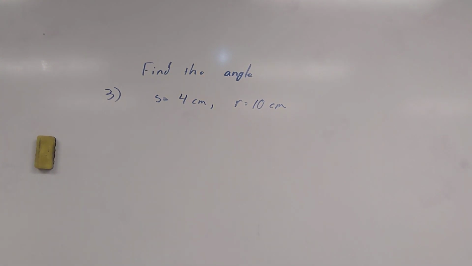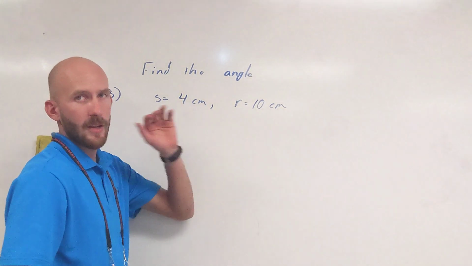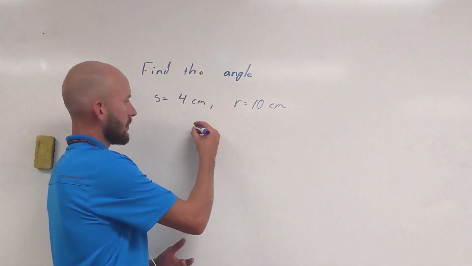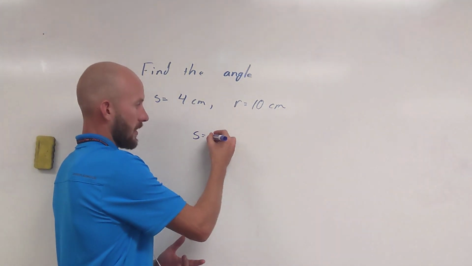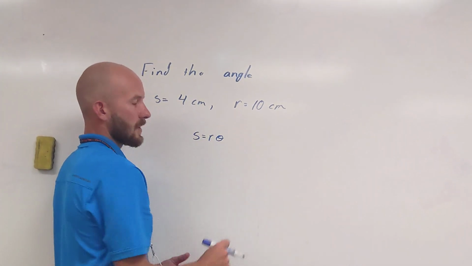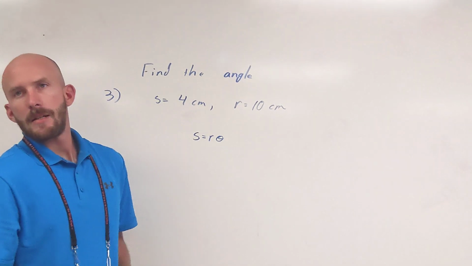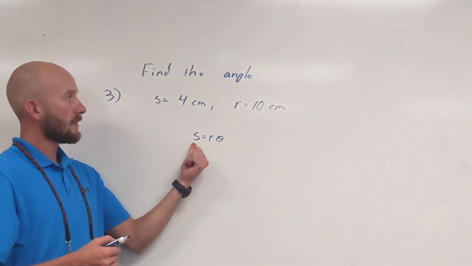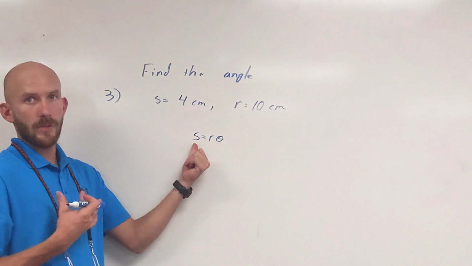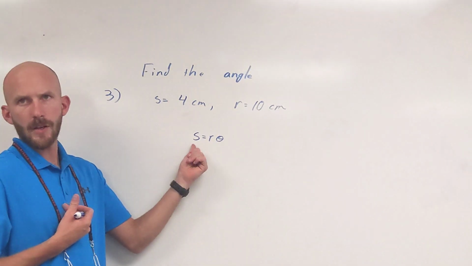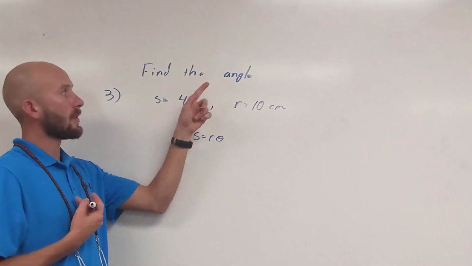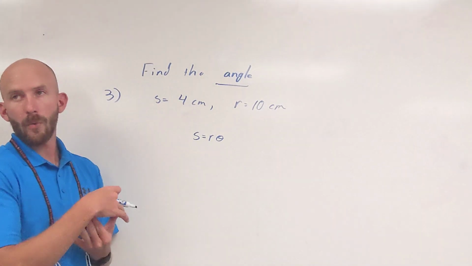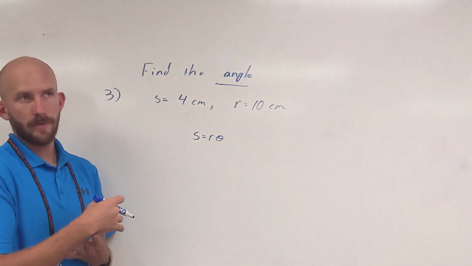Okay. So typically, when I've got anything like this, again, I would start with the formula that relates the two. So our formula for arc length is S equals R theta. This formula gives us arc length, but if I'm trying to find theta, I recommend rearranging the formula first, okay?